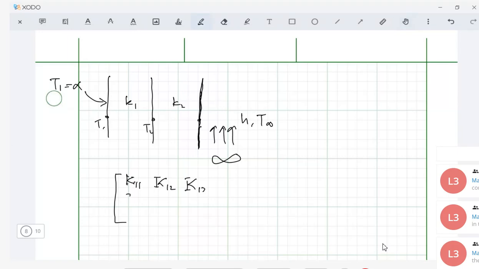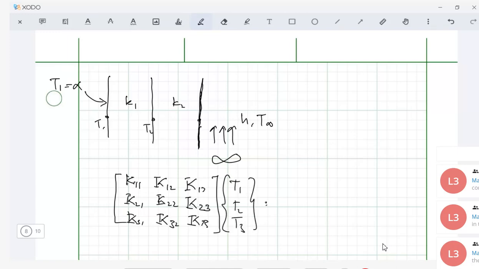So K21, K22, K23, K31, K32, K33, and we have T1, T2, and T3 equal to R1, R2, and R3.